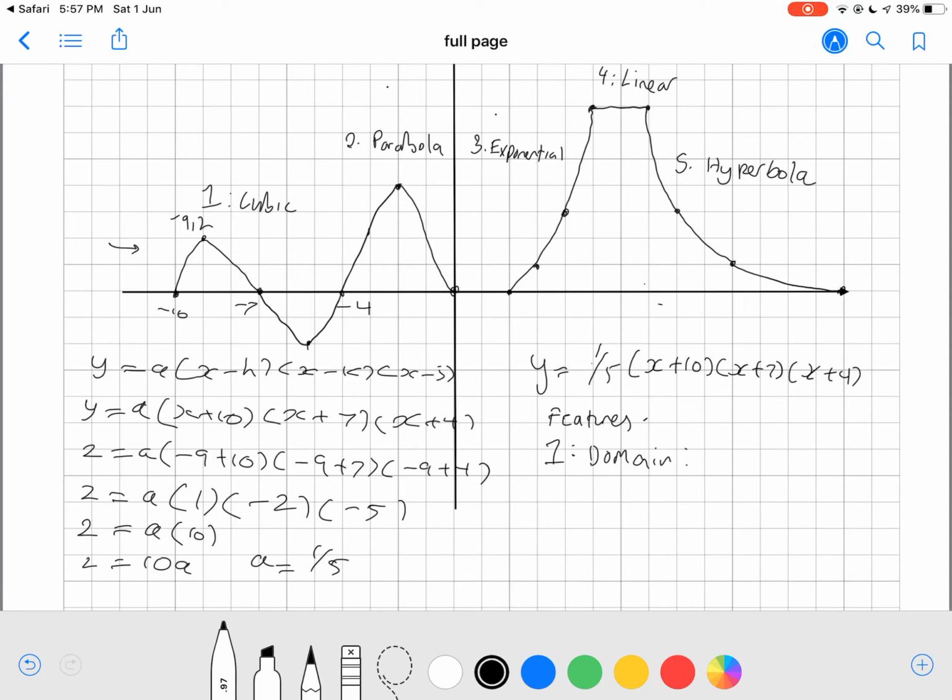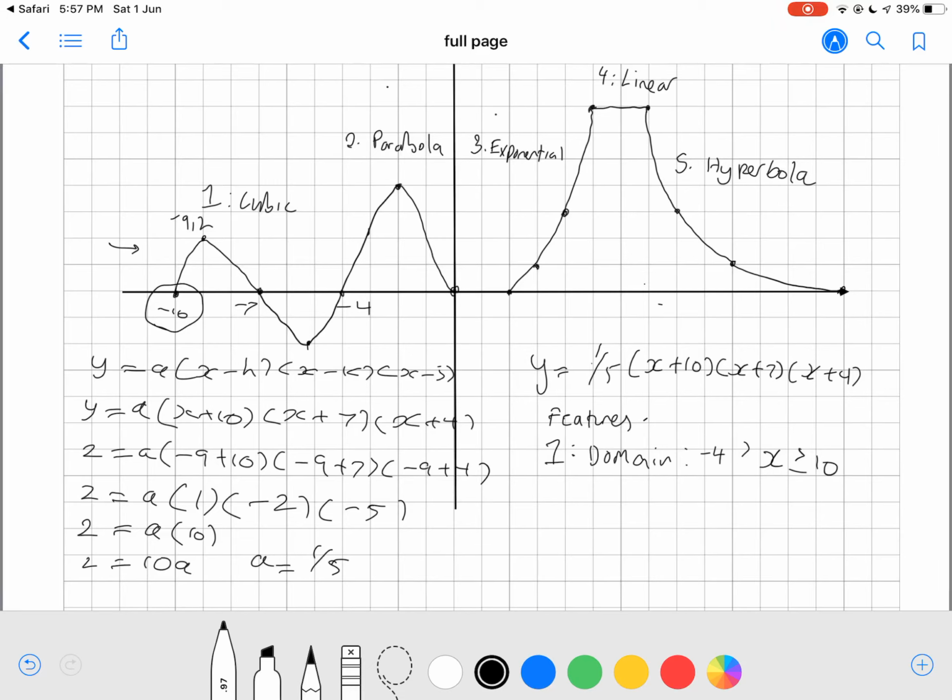So for the domain, x is greater than or equal to -10, that's here, and x is less than -4. x can't be -4 because -4 is where our parabola starts, and that's section 2 of the graph.